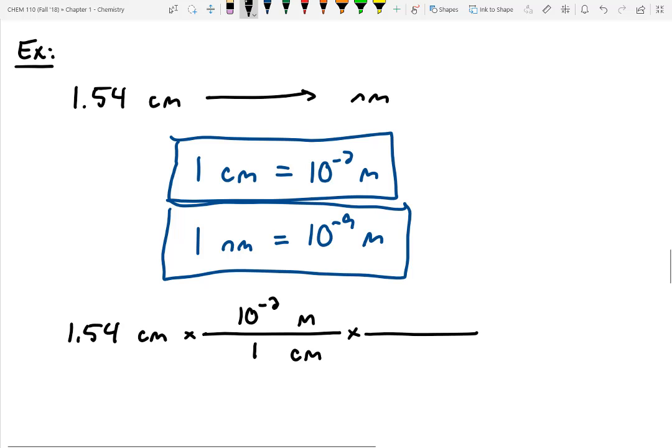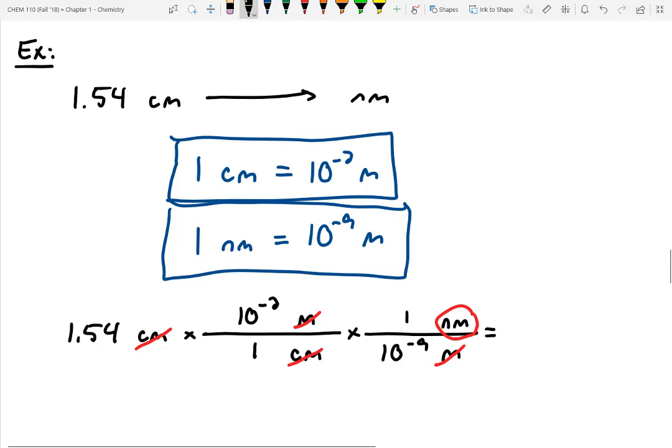And then we'll go ahead and put meters on the bottom because we've already canceled out centimeters, but now we need to cancel out meters. Put meters down here. And then I'll put nanometers on top. And for every 1 nanometer, it is 10 to the negative 9th meters, right? So now we've canceled out our meters units and we're left with nanometers.